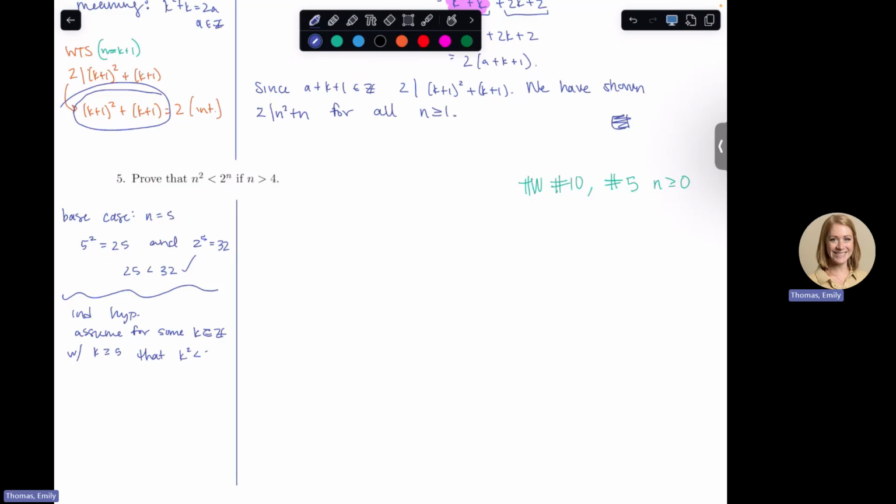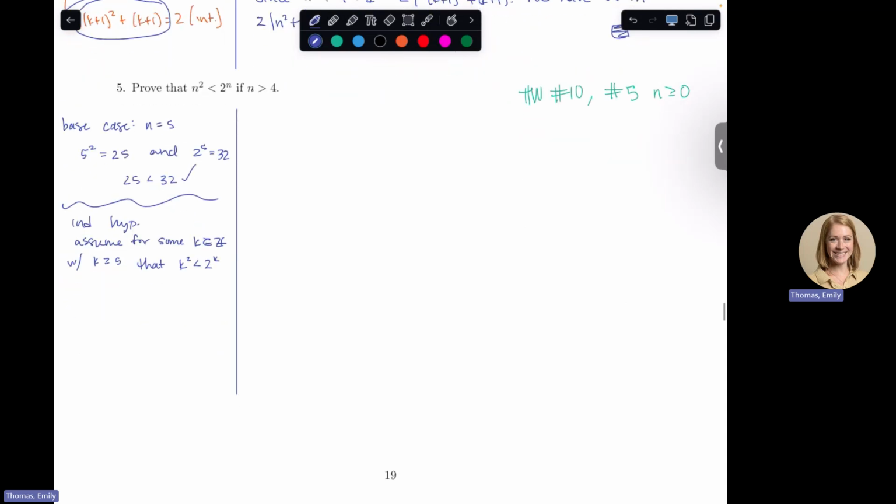That k squared is less than 2 to the k. And then what do we want to look at? Or what do we want to show? And this part is where we're going to do a proof.